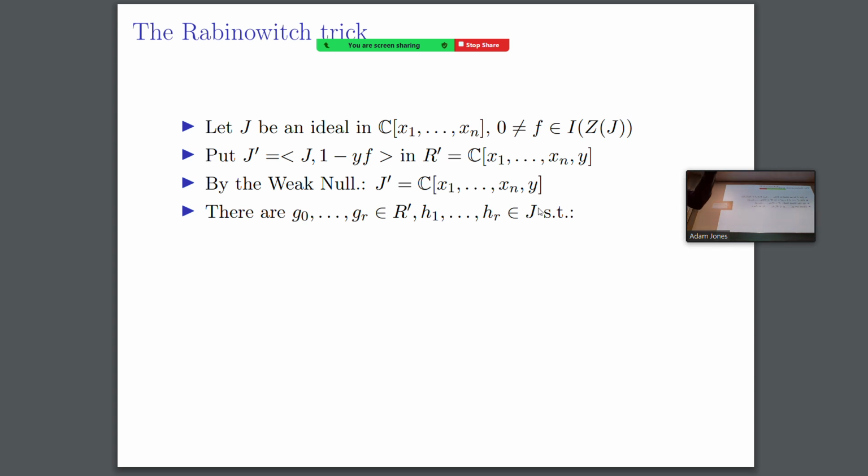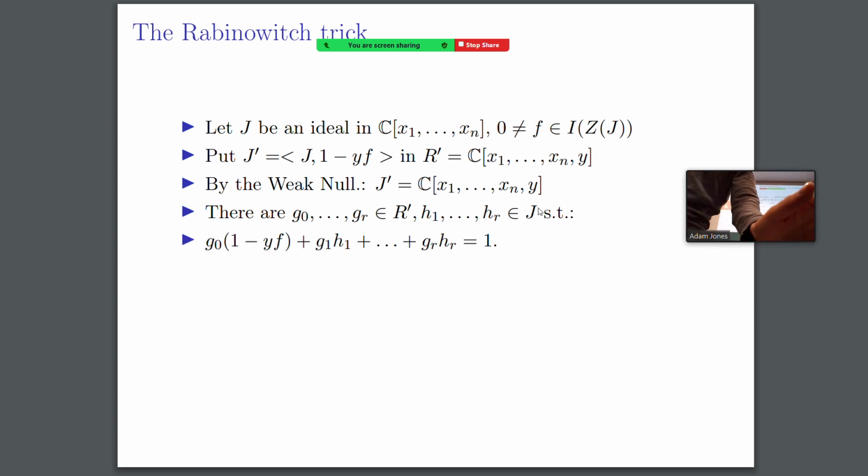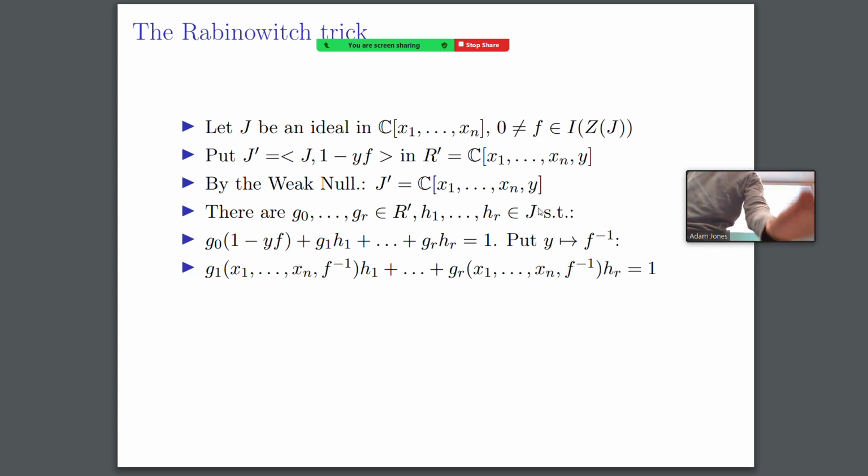Which means that you can find some coefficients such that you get this equality, you get 1, and now you simply plug in y goes to f inverse, so that the first term disappears, and then you get this equation where the coefficients are now rational functions involving only f in the denominator.